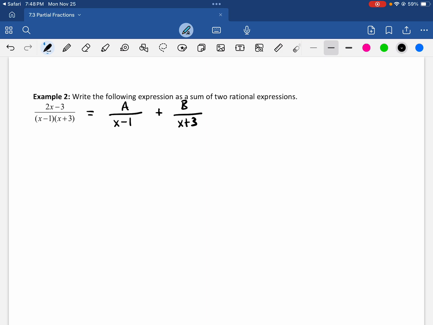Together we're adding two things to get ultimately that rational expression. So our goal is going to be trying to solve for both A and B.